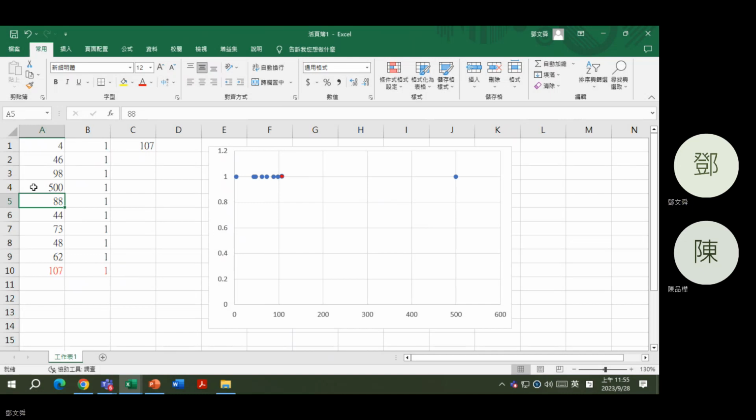In statistics, we call this an extreme value. When the extreme value goes further and further right, then the dot will be driven to the right also. Understand? What just happened?